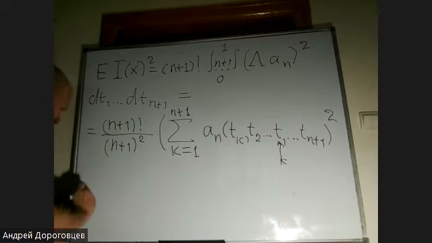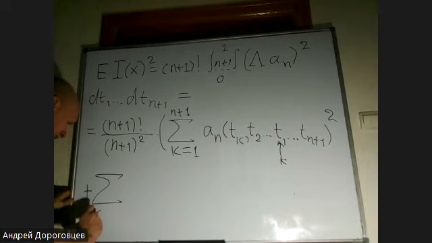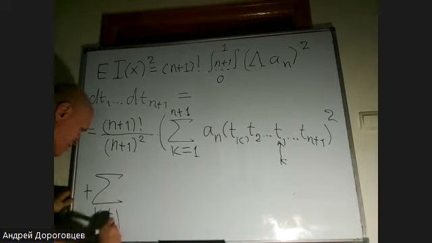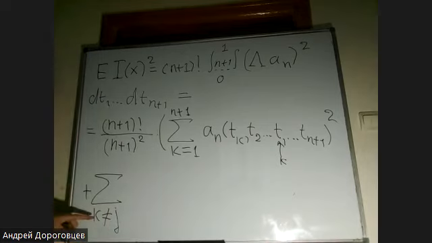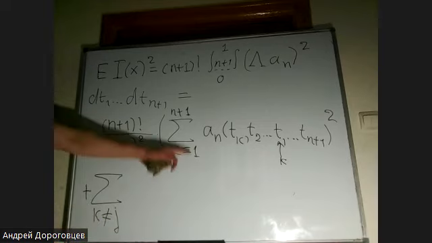This is 1. The second sum will be the sum over k not equal to j. Let us remember that these two indices are from 1 to n plus 1.